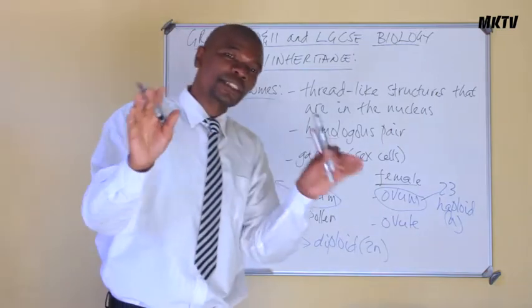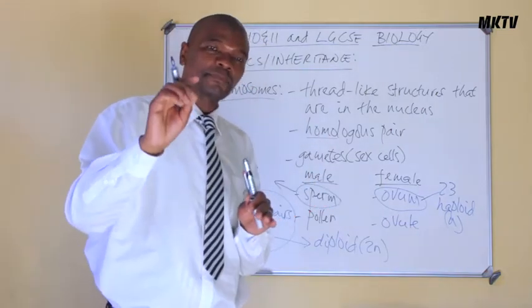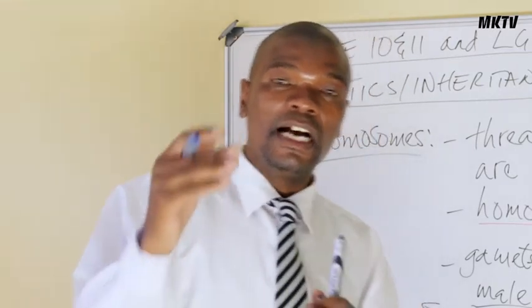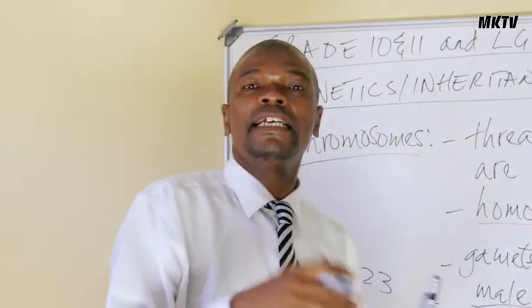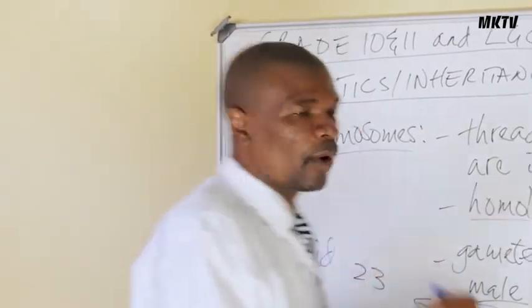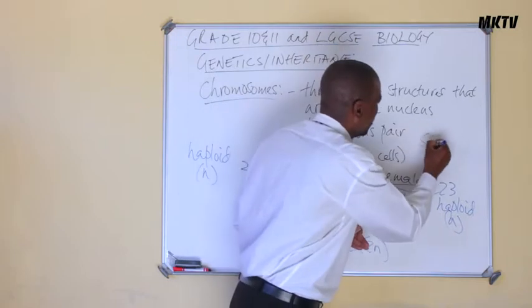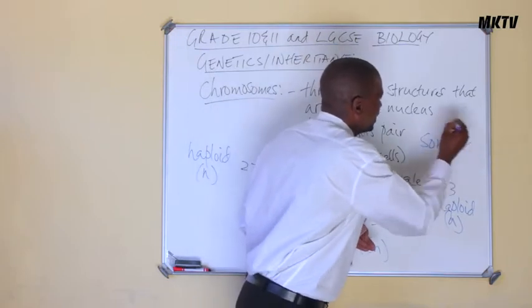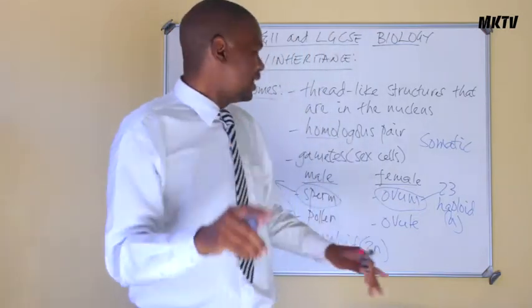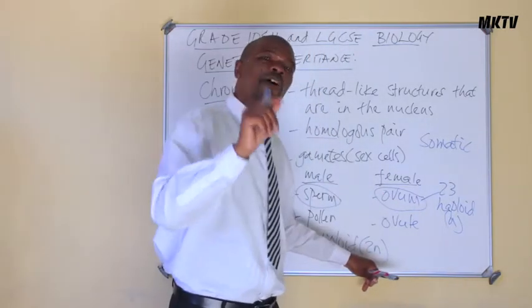Having said this, I was coming to this point. That means all cells in your body have got, there is a question like that, especially they like this question for multiple choice. How many chromosomes are there in a liver cell? We should know that all cells, otherwise, one word we use for all cells, we say all cells are called somatic cells. So all somatic cells will have a diploid number of chromosomes.